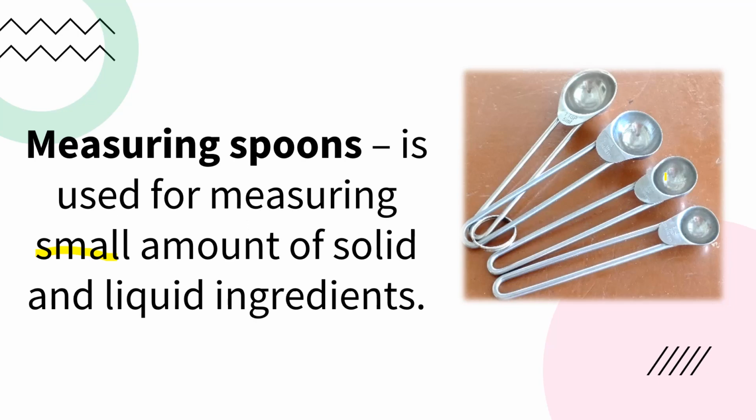So, yan, mga measuring spoon lang ang gamit doon. And liquid ingredients na mauntian din. Bawa, nakalagay doon, put 1 tablespoon of oil. O, yun, ganun. So, that is the measuring spoon.